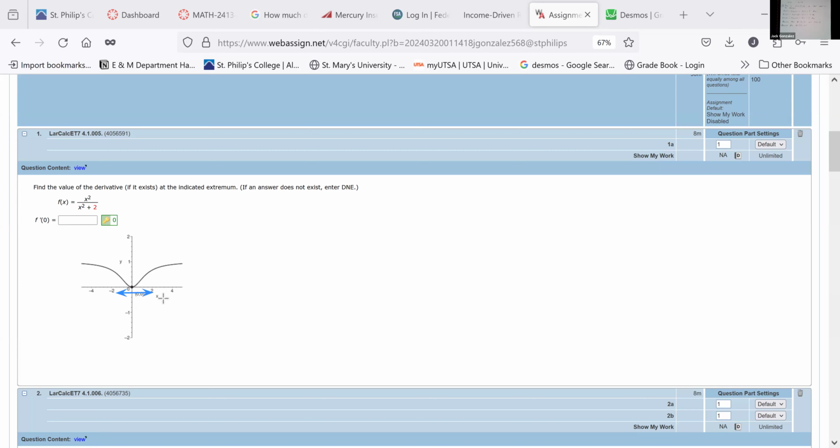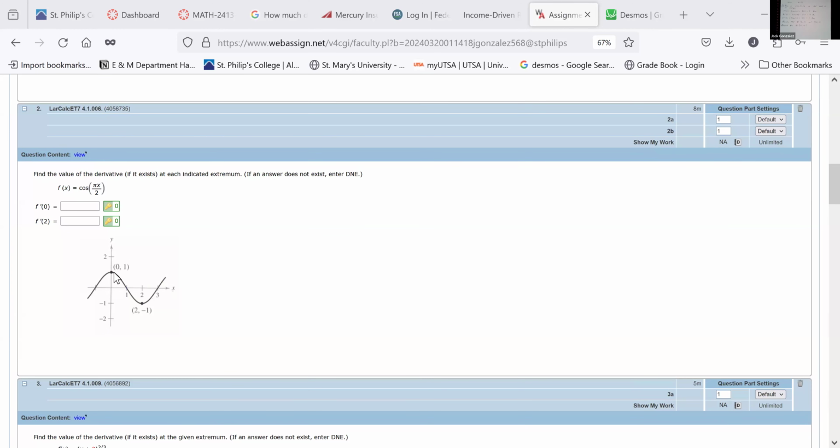So the slope of this line is 0. Over here we have 2 peaks and valleys. So they're asking, well, what's the derivative going to be at this location? Well, you should know the slope of the tangent line is 0. Derivatives give you slopes of tangent lines. So at this location, it's 0. This location, it is 0. The slopes are 0.